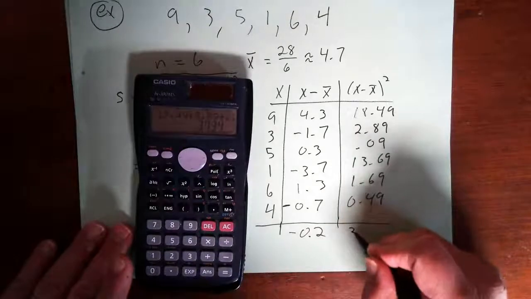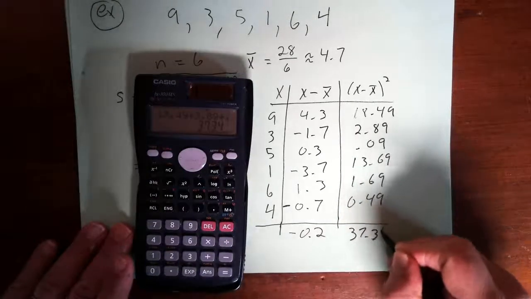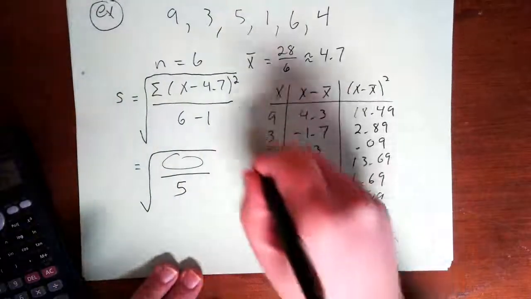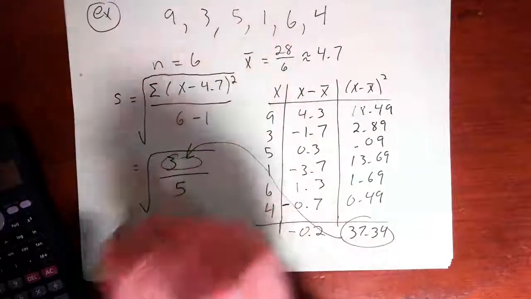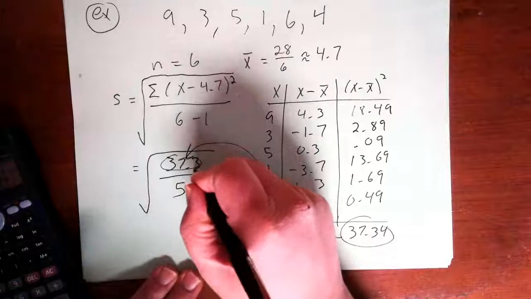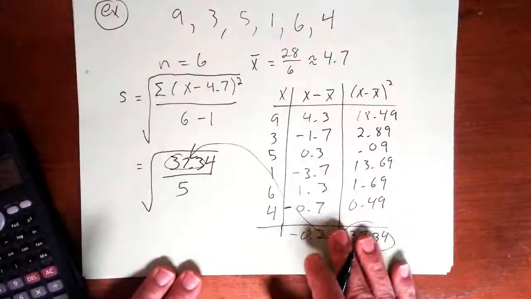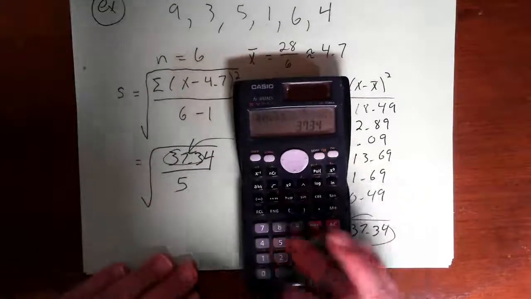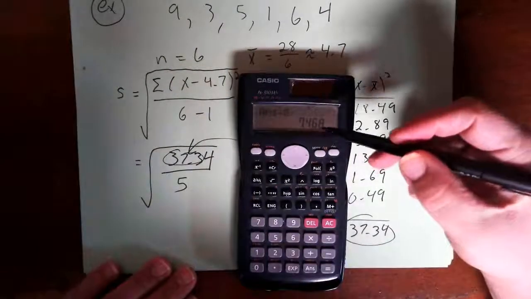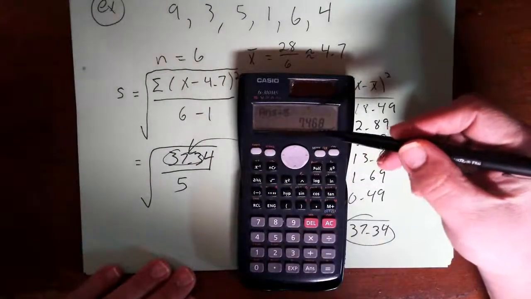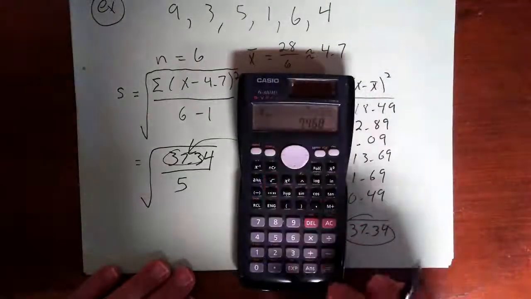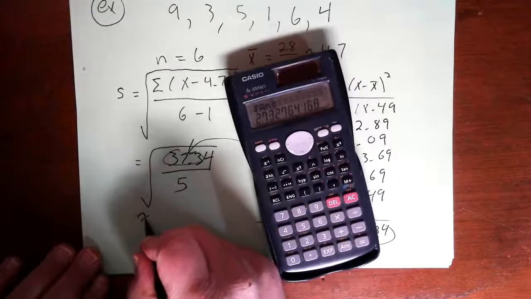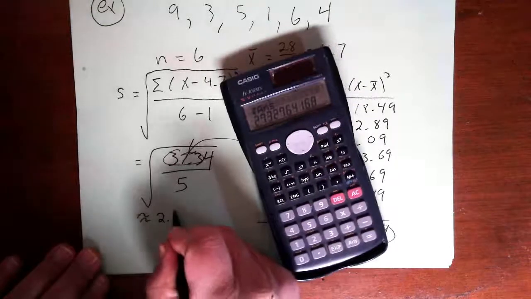And what I get here is 37.34. And so that is the sum that goes up into the formula. So now I can take 37.34 divided by 5, and that would give me my variance. And then when I take the square root of that, I would get my standard deviation. And you can see that the standard deviation is 2.7.